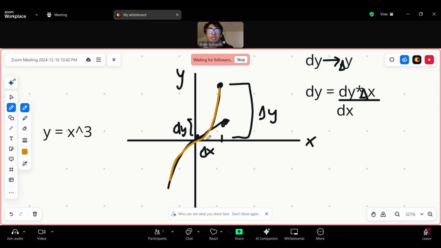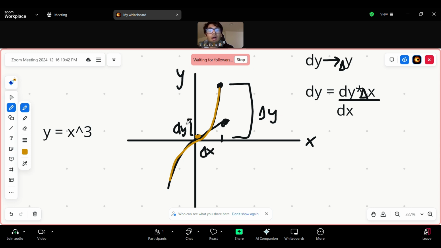Now, if we want to predict the value of y, some delta x from an initial point over here, we can use the concept of a slope or a line, right? So we can find the slope at some point, like right here, and we can multiply the slope dy over dx by a change in x, delta x, to predict dy.